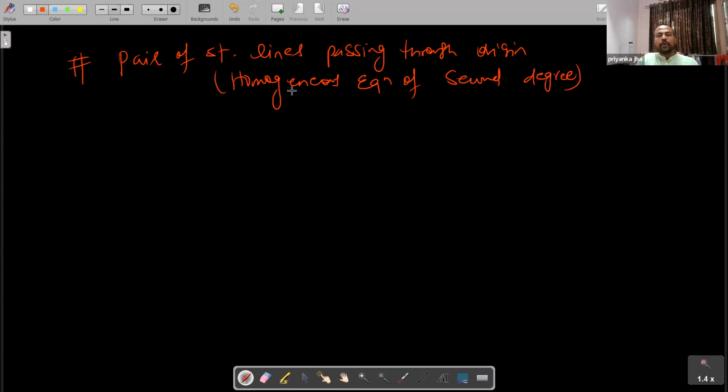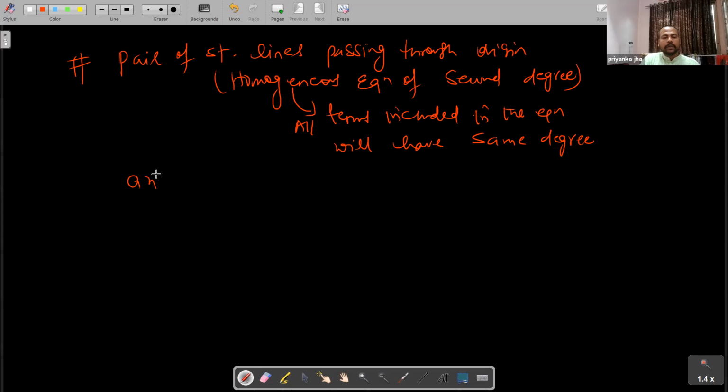Now, what does this mean? Homogeneous equation means all terms included in the equation will have same degree.